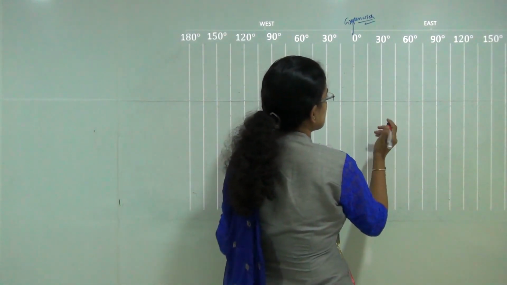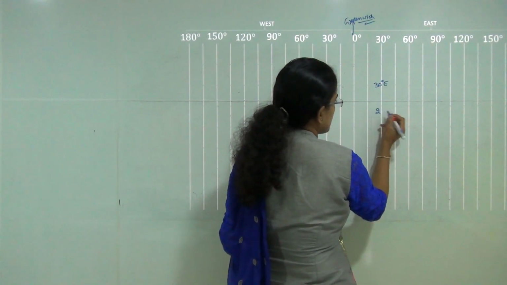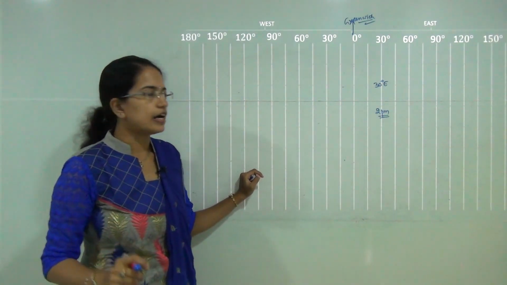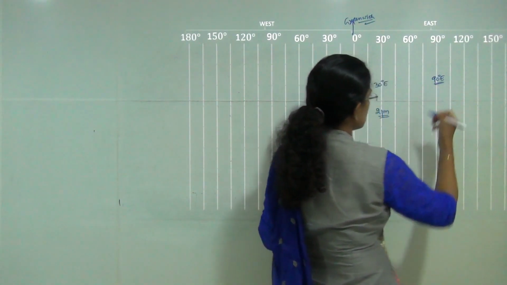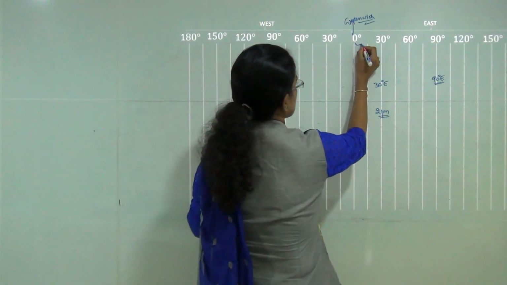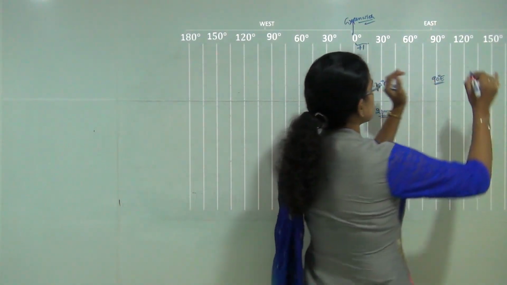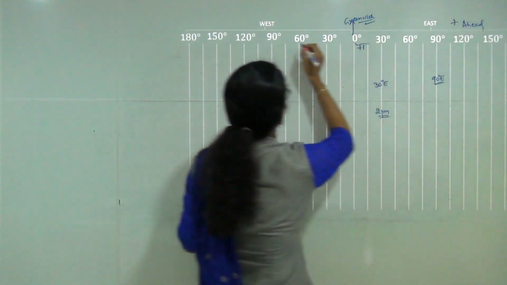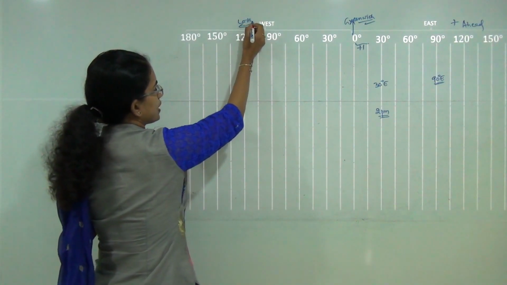Let's say at 30 degrees east the local time is 2 p.m. I need to find out the local time at 90 degrees east. How can I do that? As I know, with every 15 degrees there is a difference of one time zone, and all that is towards the east would be addition or ahead, and all towards the west would be subtraction or loss of time.